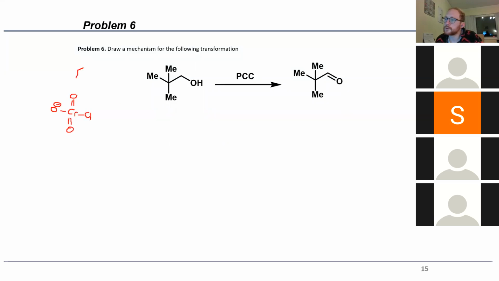And it has a pyridinium counter ion. This is quite electrophilic at chromium, and so our nucleophilic alcohol attacks. We form the following intermediate.